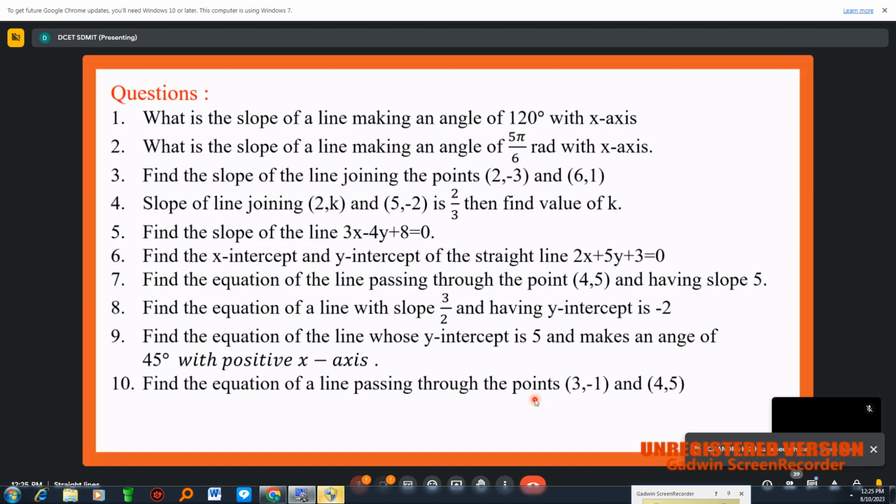Others, are you finding any difficulty in solving any of the problems? You can ask, I will help you. Ma'am, 10th one, 6x minus y minus 19 is equal to 0. Yeah, it is correct.